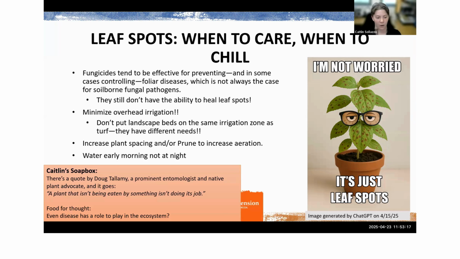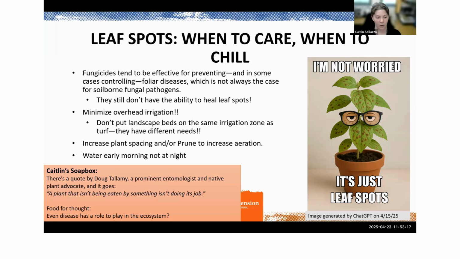So that's why we want to catch things early. We want to apply things preventatively. But it's also just important to note that most leaf spots aren't a problem. And if you're having a problem with leaf spots, it's probably due to overhead irrigation or some other environmental or cultural factor that you're doing. So most of the time we don't need fungicides when we have leaf spots. They're very hard to use. They're hard for homeowners especially to use.